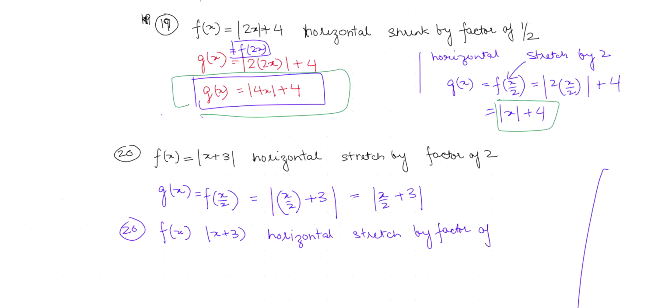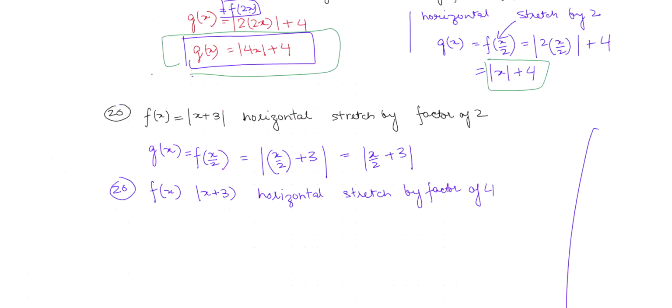So here g of x is equal to f of x by 4. I read it as 2, sorry, it is actually 4.